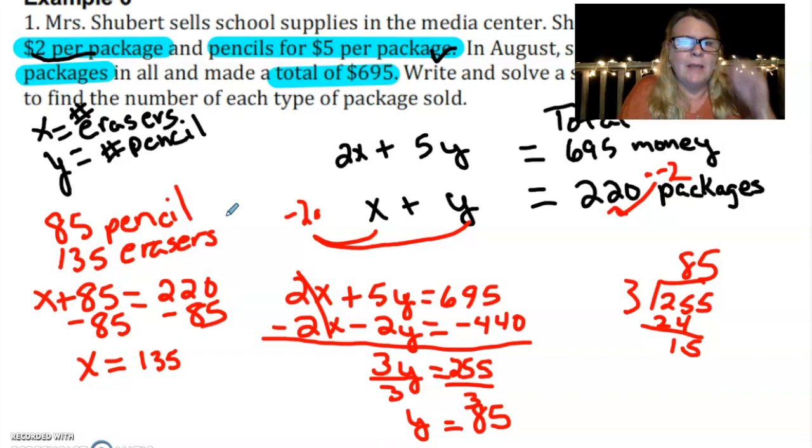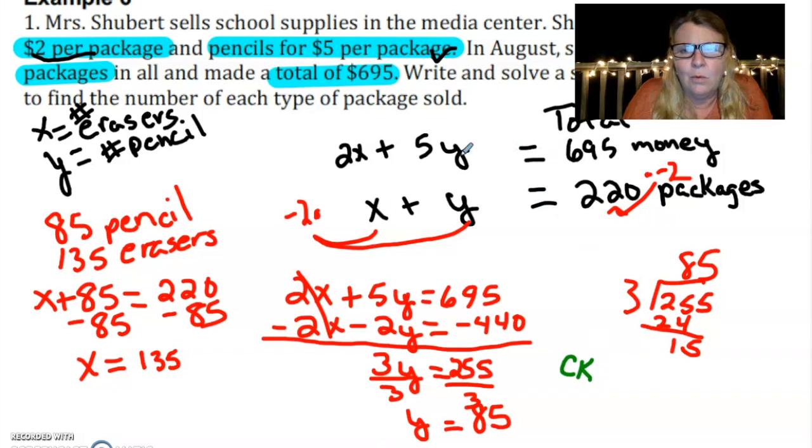Let's double check and make sure that really would add back together and give me 695. Of course, you can always pull out your calculator to work with yours. Here, I'm going to change my pencil color to check my work. So we're trying to make sure that $2 times, oops, not 85.